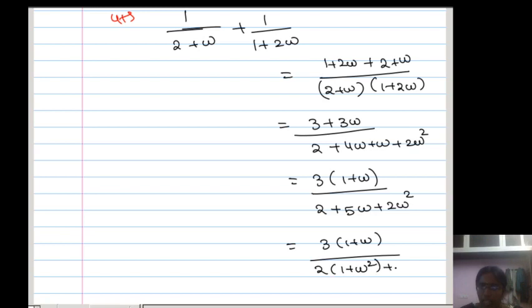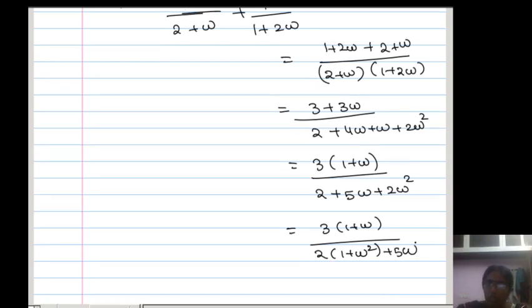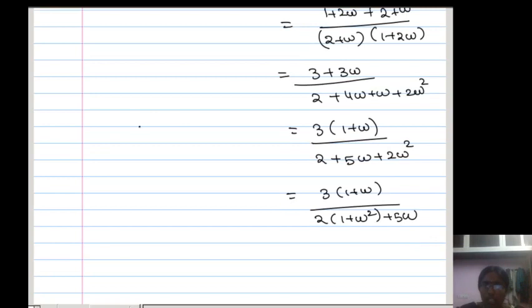Now we can write it as 3 into (1 plus omega) by 2 into (1 plus omega square) plus 5 omega. By using our relation 1 plus omega plus omega square equals 0, 1 plus omega is equivalent to minus omega square, and 1 plus omega square is equivalent to minus omega.